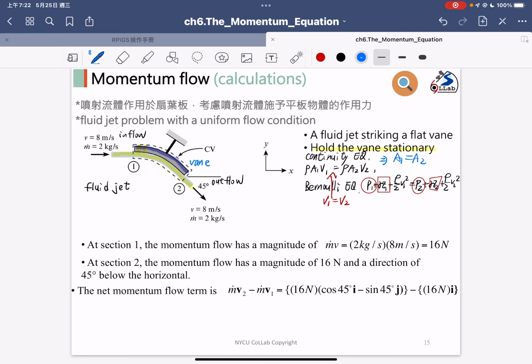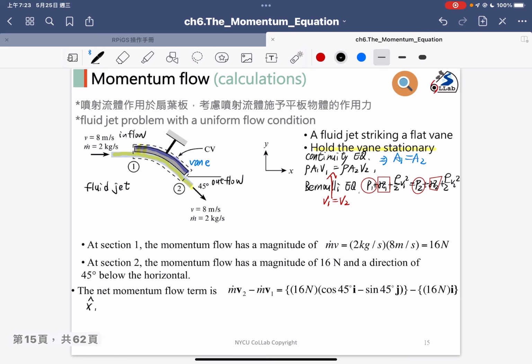So we first consider the question along the x direction. What do we have? We have the momentum flow due to the outflow, and we need to project the velocity vector into the x direction.